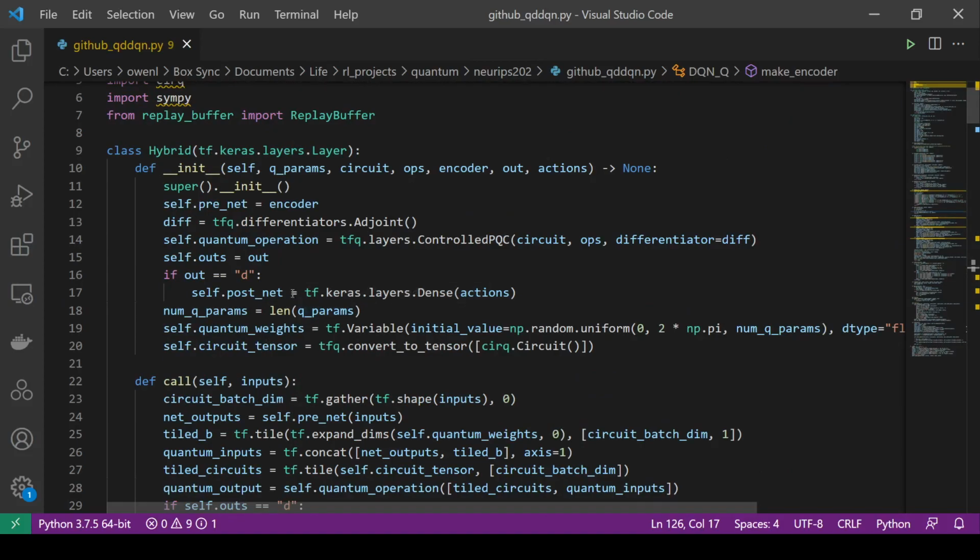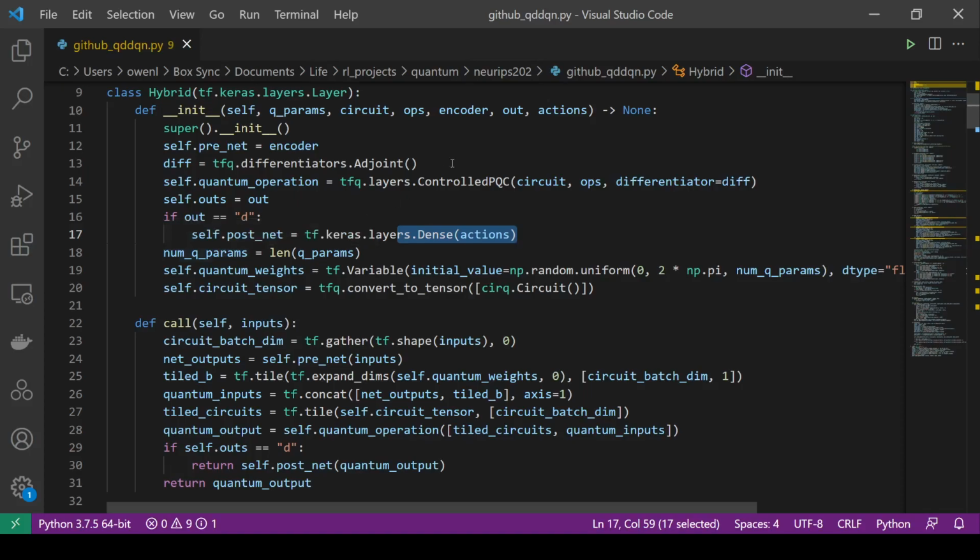This is something you probably have seen before at this point, but because we have the setup such that the classical neural network is providing some, but not all of the parameters of the quantum circuit, we have to use a custom layer. So we have this encoder, and then we have our adjoint differentiator. If the output is dense, we have another dense layer.